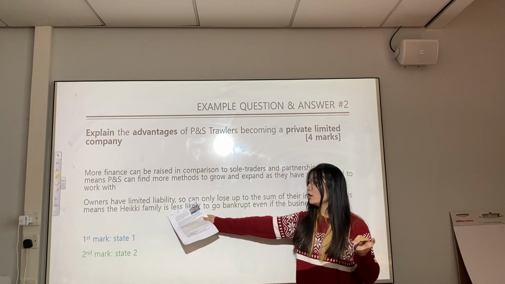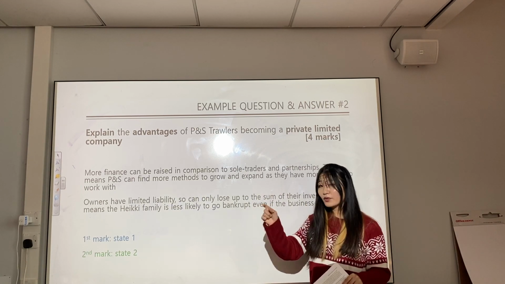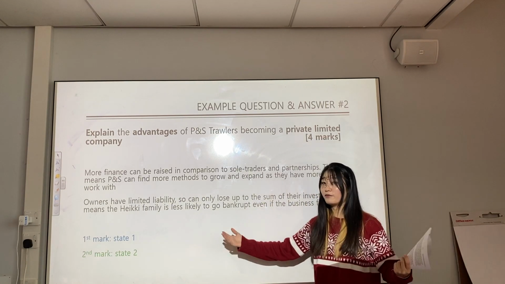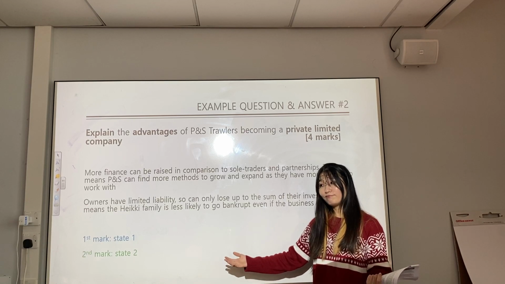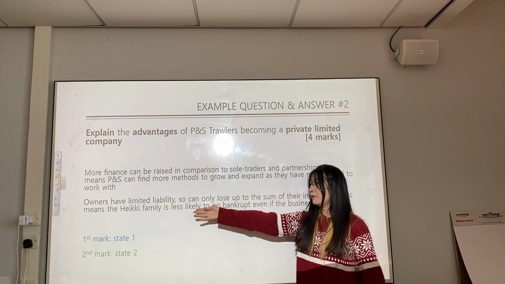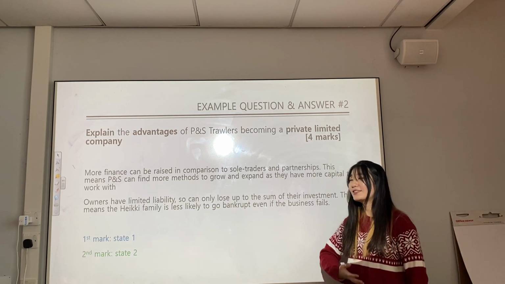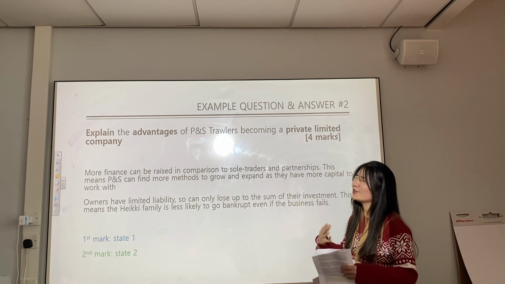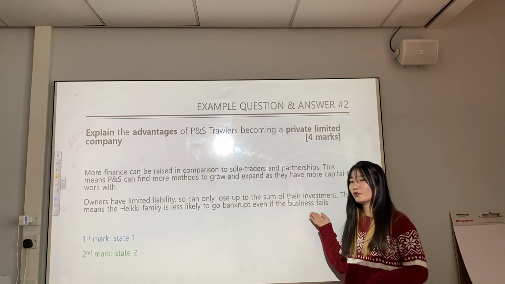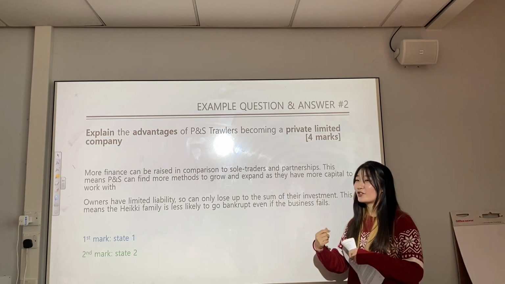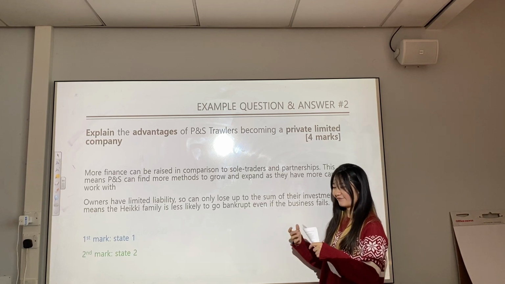And if they have unlimited liability, each one of them is going to end up with a whole load of debt. That's why the fact that owners have limited liability is so much safer, and such a big advantage for P&S Trawlers, because shares are only owned by the family.